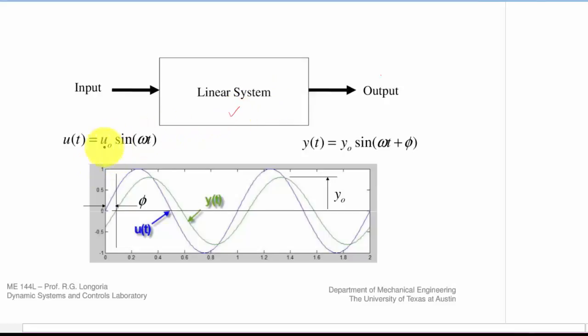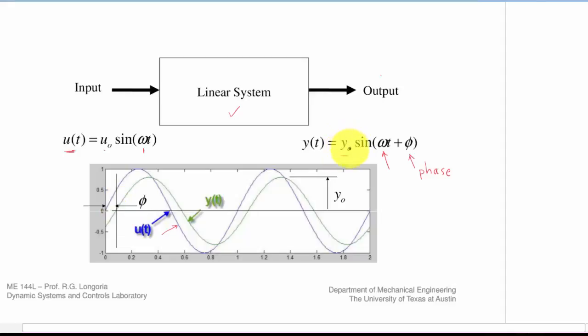When you put a sinusoidal input with a certain frequency, omega, and amplitude u naught, plotted here in blue, the output after the transients die out will have an amplitude y naught. It'll be at the same frequency, but it'll have some phase. So when we talk about phase, we're talking about the phase difference between the input and output.